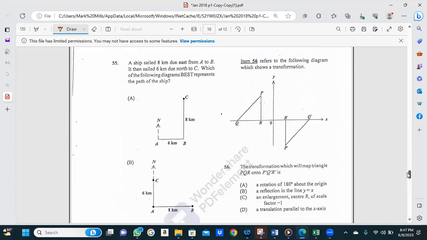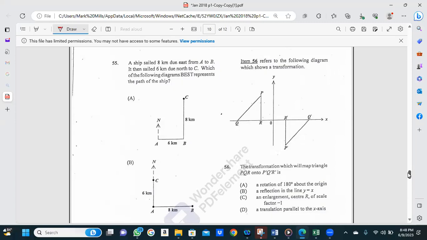Item 56. Which one do you think is the answer here? A rotation? No, it's not a rotation. A translation? Nope.